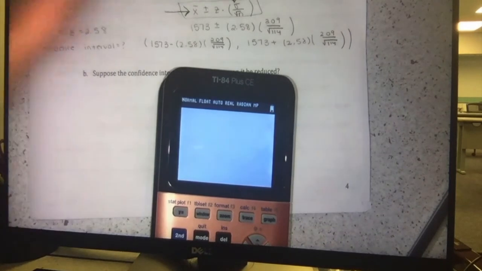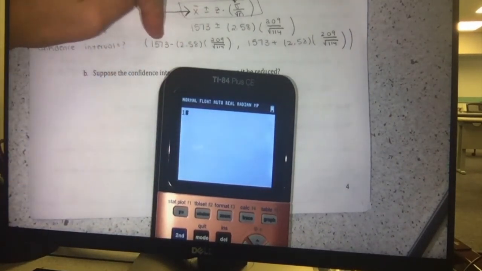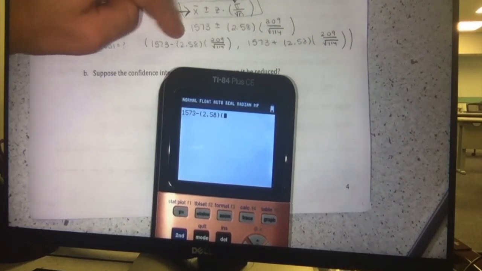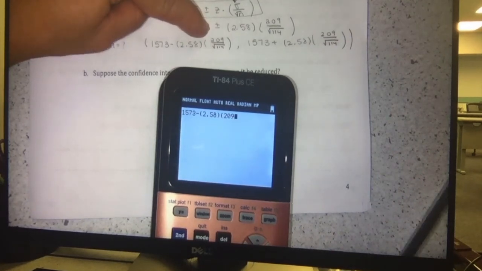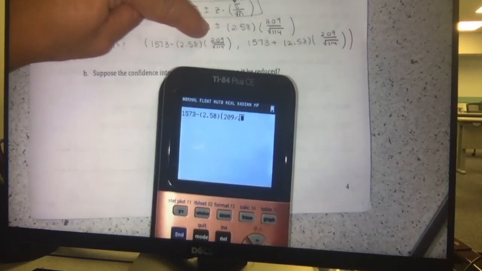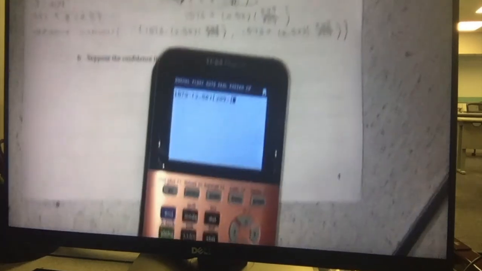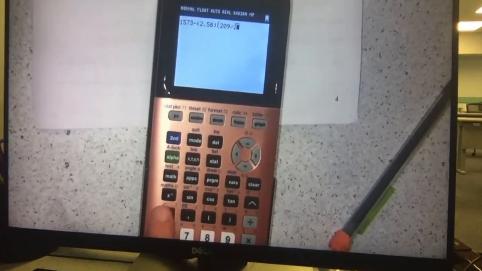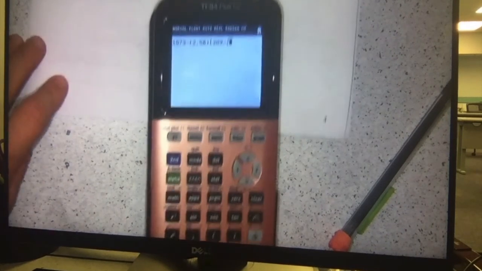All right, so let's plug all of this mess into our calculator. 1573 minus, exactly like I see it, 2.58 in parentheses times 209 divided by the square root. Our square root, by the way, is hitting our second button and then x squared, diagonal to our 7, and it's 114.